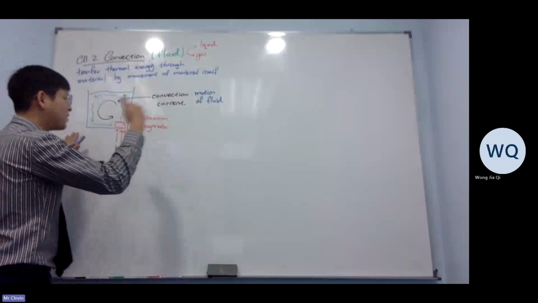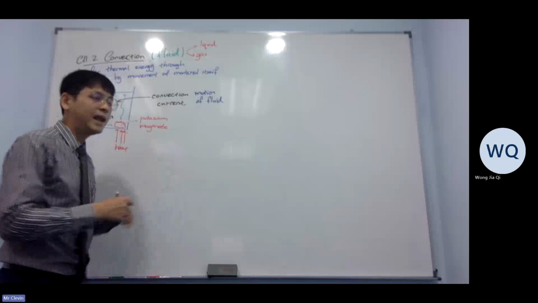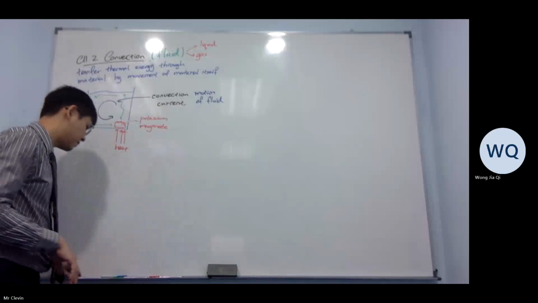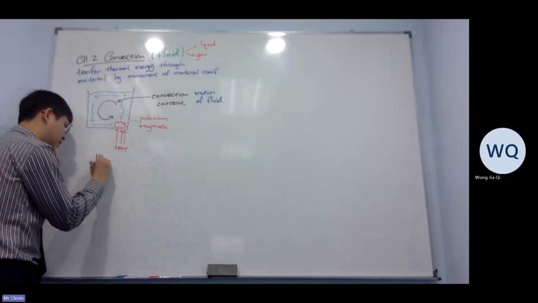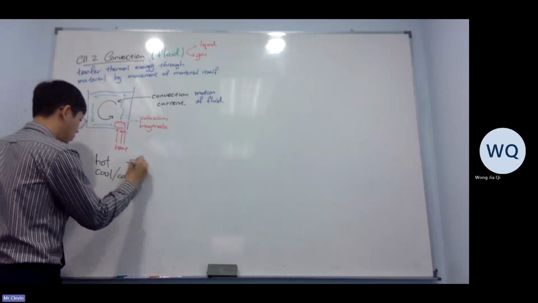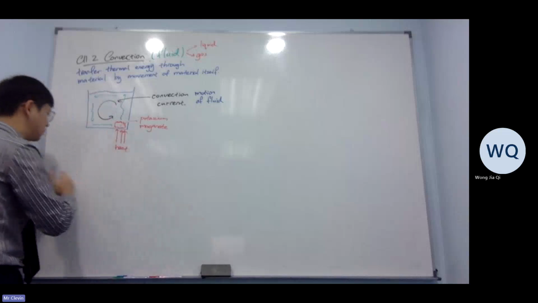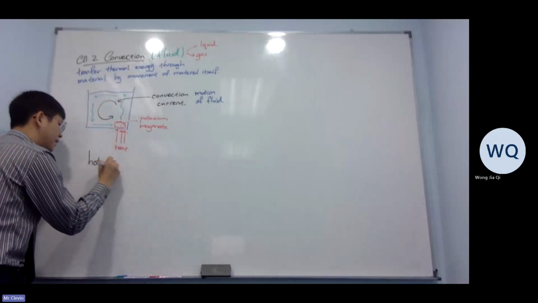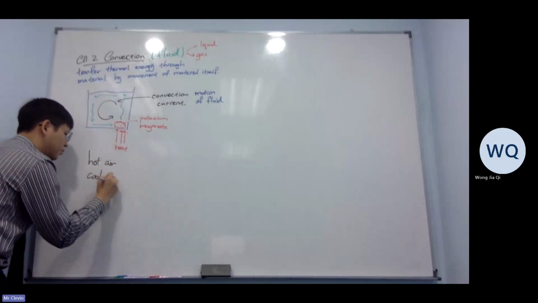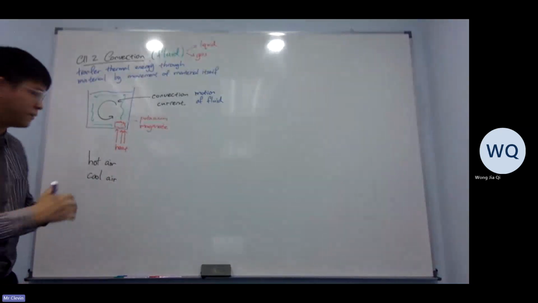Another thing I want you guys to know links to two things: number one, hot, and number two, cool or cold. Let's compare hot air and cool air, or it can be hot water and cool water, either one.